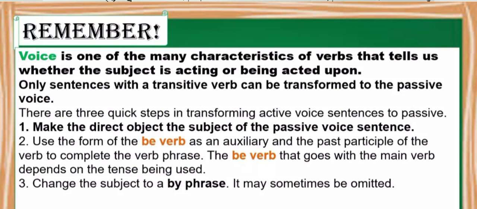Number 1, make the direct object the subject of the passive voice sentence. Number 2, use the form of the be verb as an auxiliary and the past participle of the verb to complete the verb phrase. The be verb that goes with the main verb depends on the tense being used. And number 3, change the subject to a by phrase. It may sometimes be omitted.